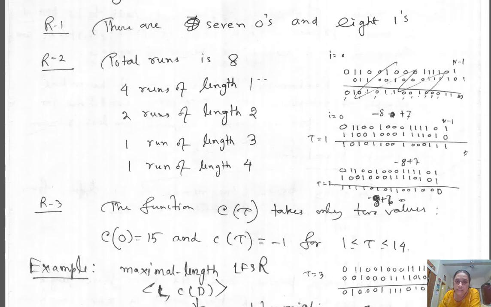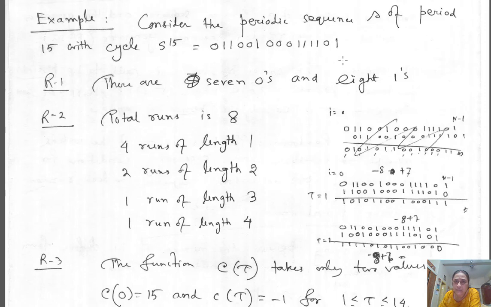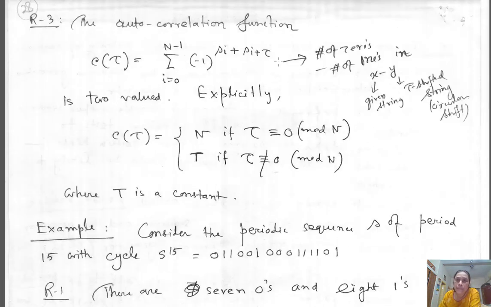Let me explain with this example. So this is your initial sequence. Suppose S15 is your initial sequence, I have written it 0, 1, 1. This is your initial sequence, and I am taking a tau shift. If tau is 0, then this is essentially the same position, Si position.